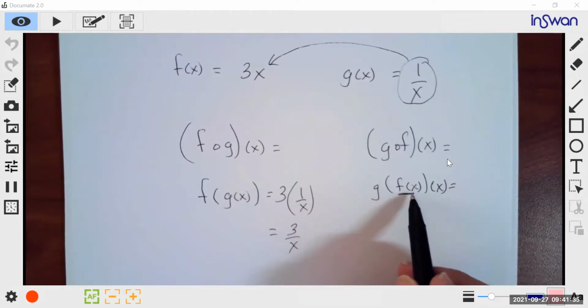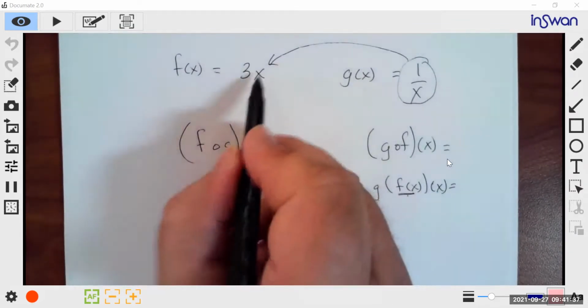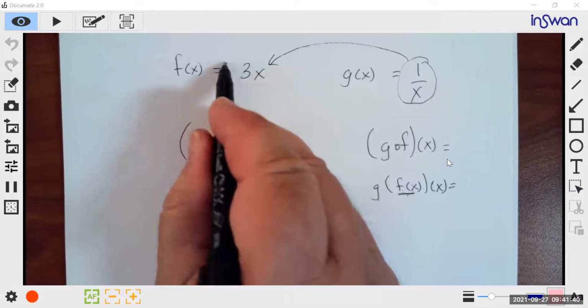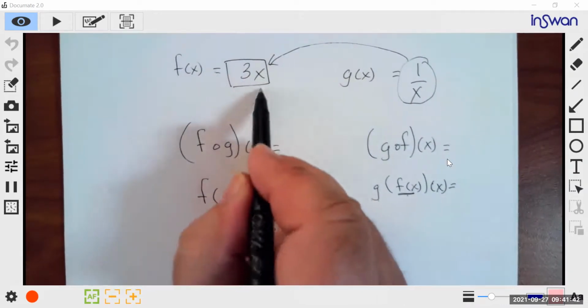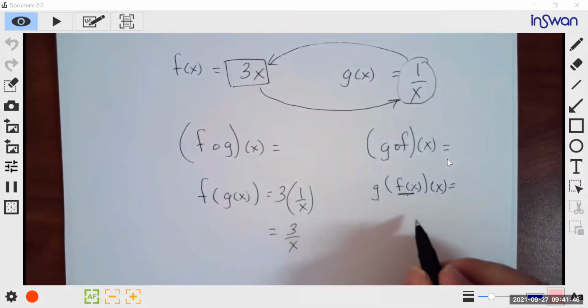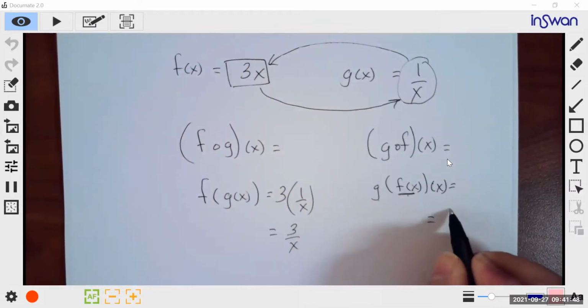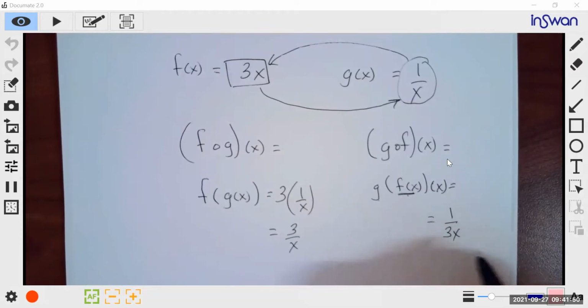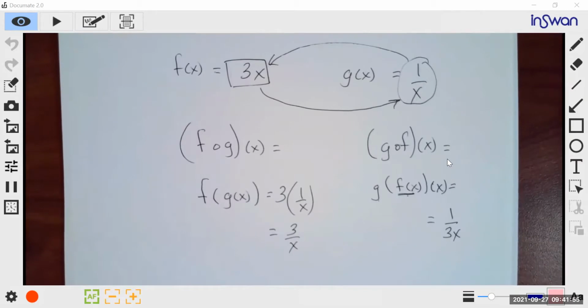And since f is inside the g, take the f and put it in place of x. 1 over 3x. Those are your answers. Make sense? All it is is plugging one function into another.